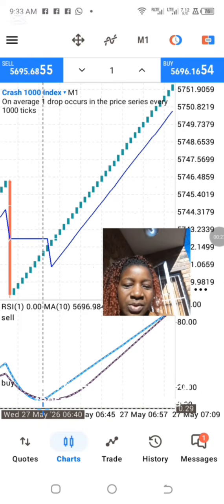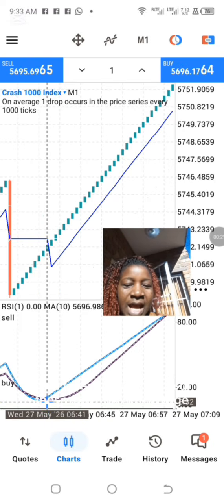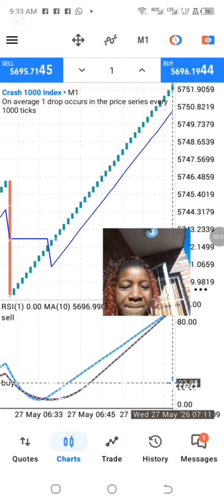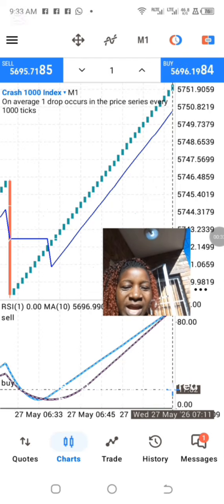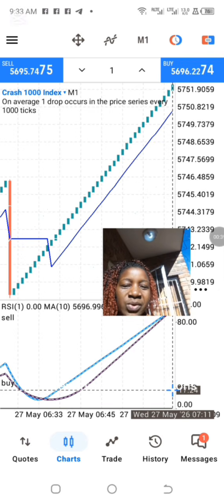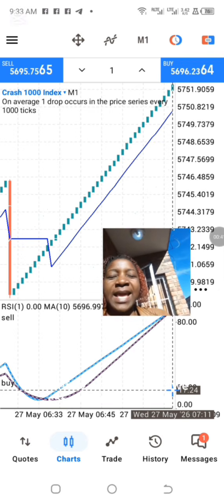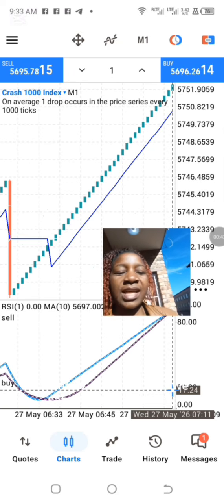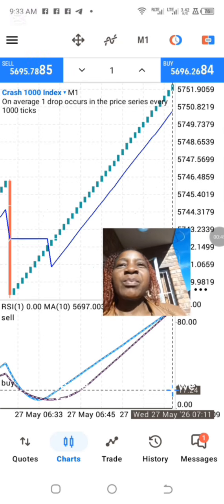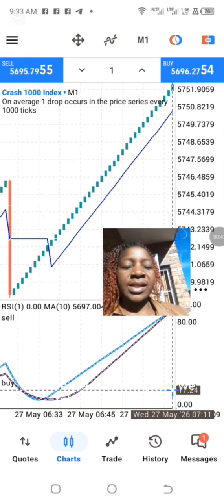There's been the crossing of these two moving averages, and the crossing has occurred below level 20. So when these two conditions are met, we safely enter in Crash, we safely enter in PainX, and we place our buy and take our 10 candles.